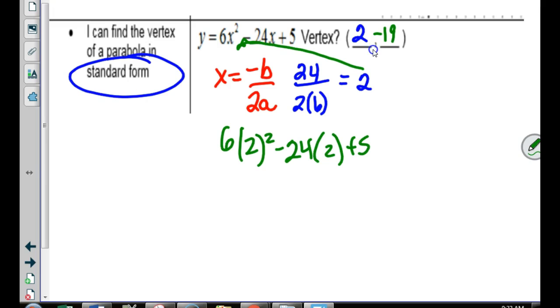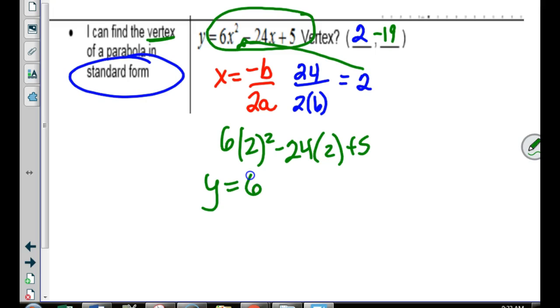Okay. How do we change this whole equation now so that it's in vertex form? Well, this only asked for the vertex, but on the quiz it asked you to change it. I don't know. Is there another one that asked that? Oh, I gave you double practice. Let's practice anyway. What would this one look like? Anybody?